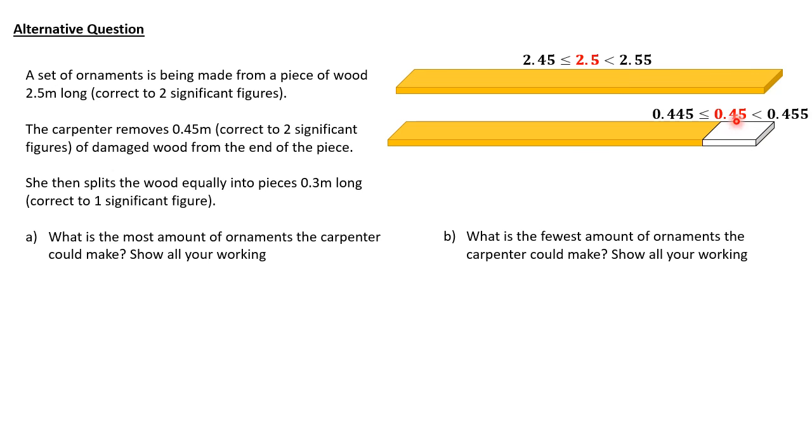Once they've chopped that end bit off, they're then going to divide this equally into pieces that are 0.3 meters long, or as many pieces as they could get that are 0.3 meters long. So they're just going to chop off these sections, as many as they can, to make these ornaments. If each of these is measured to 0.3, well, that's only to one significant figure.